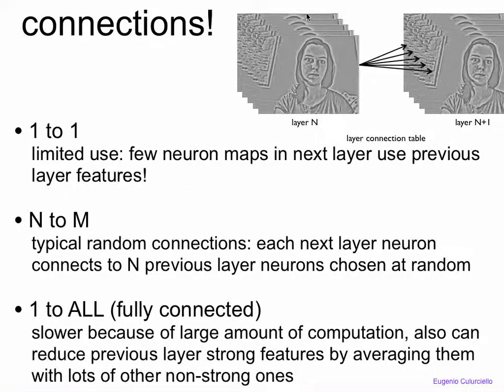If all the features are averaged together, maybe there was one of them that was really strong and should have been pushed forward to the next layer, but because you're averaging with all of them, its output value is damped a little bit. And so that might be something to think about also.